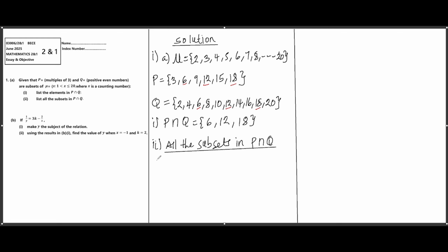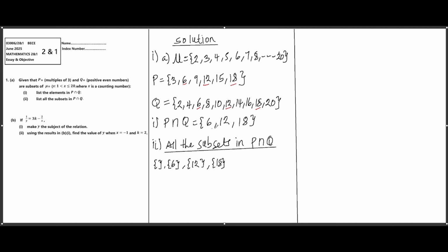So our first subset is an empty set. Then the individual elements are also subsets. So 6 is a subset, 12 is a subset, and then 18 is also a subset.